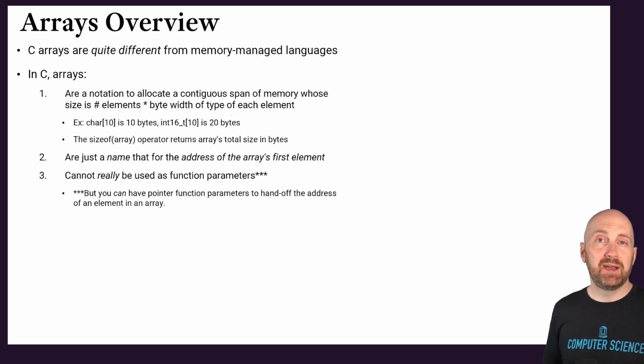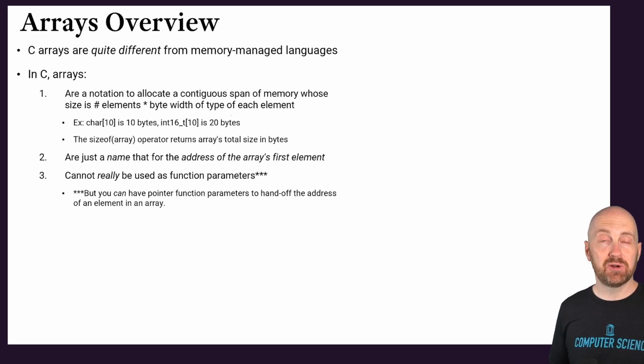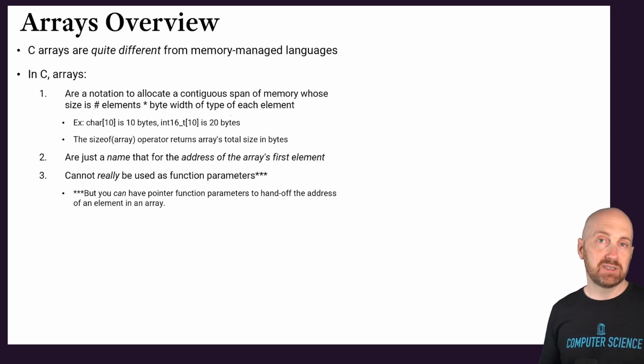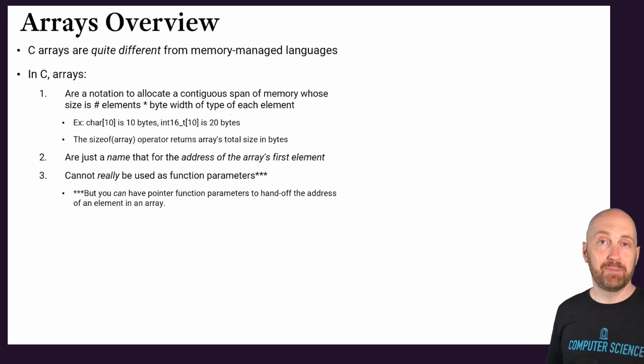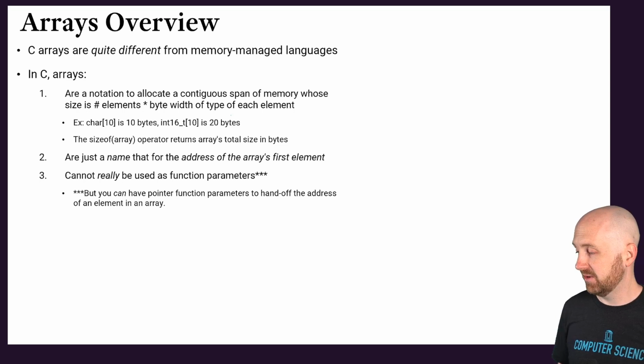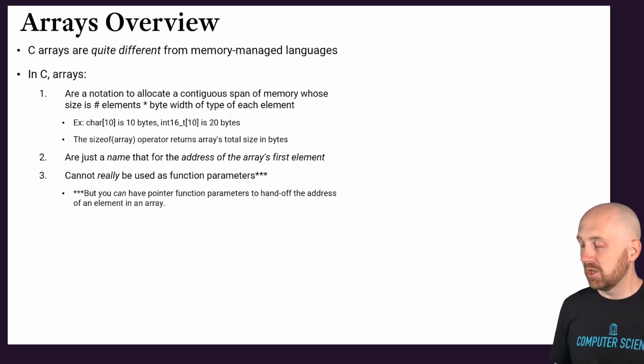The name of an array is really just an alias for the address of the very first element of the array. So it's kind of like a special pointer, as we'll come to see, with some slightly different semantics from a true pointer, but in a very similar sense, the name of an array is bound to the address of the first byte of that array's index 0.